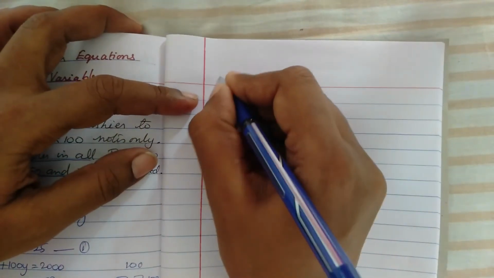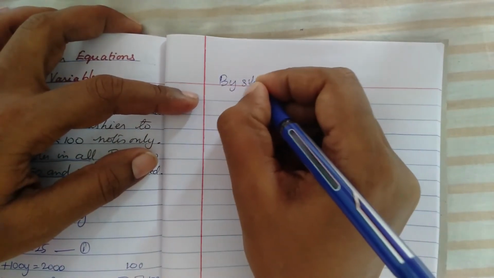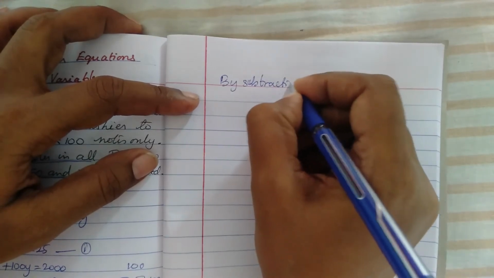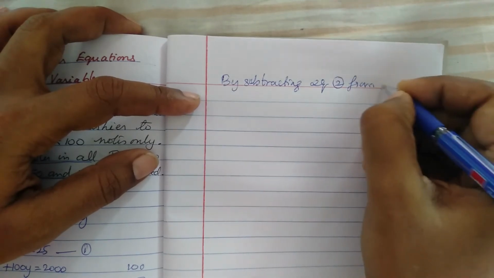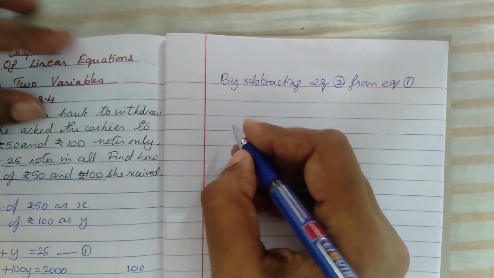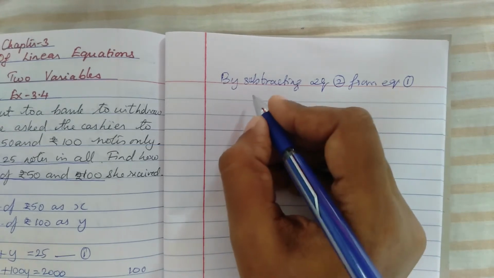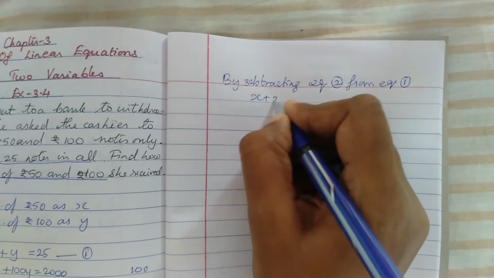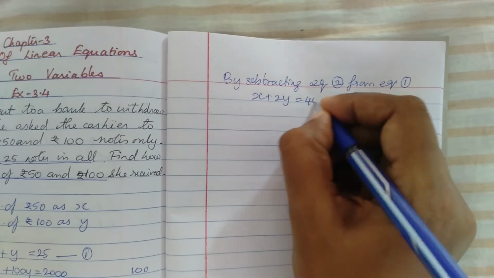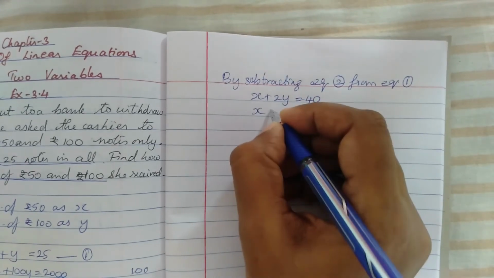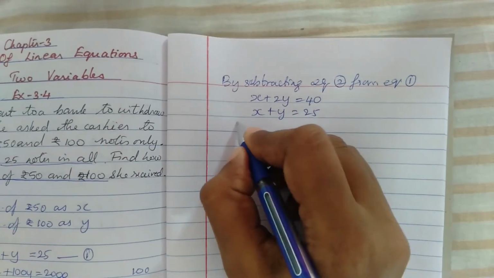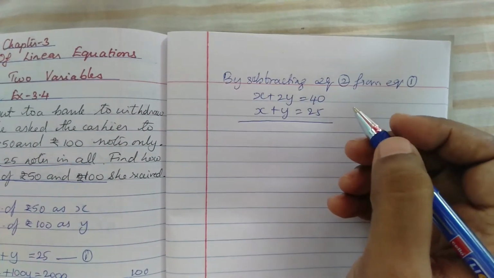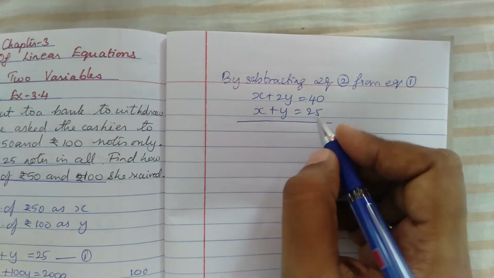So let's write it over here. By subtracting equation number 2 from equation number 1. Your equation number 2 is X plus 2Y is equal to 40, and your equation 1 is X plus Y is equal to 25. Before subtracting, we have to change the sign for all the three terms in the second equation.